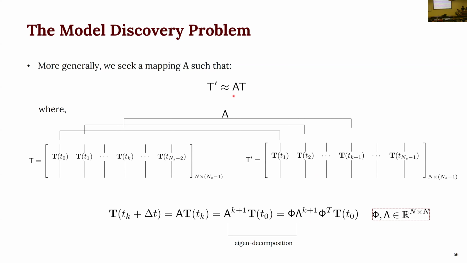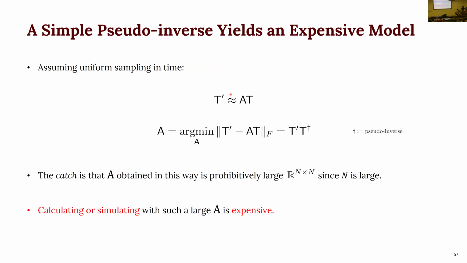Yes. So we're assuming uniform sampling in time. What we can show is that the best operator that maps T into T prime is actually the least square solution. So we can find out A just by doing the least square of the data matrix.